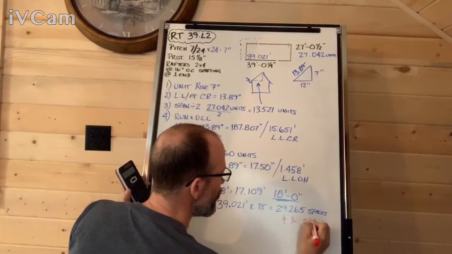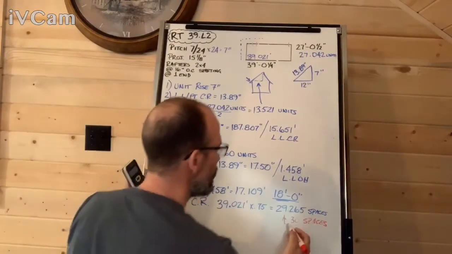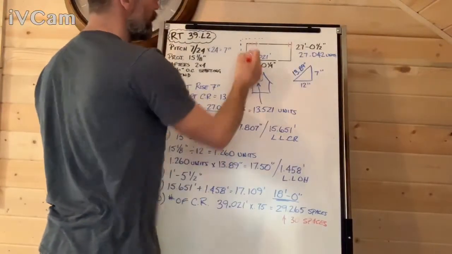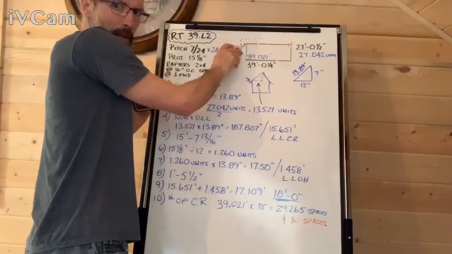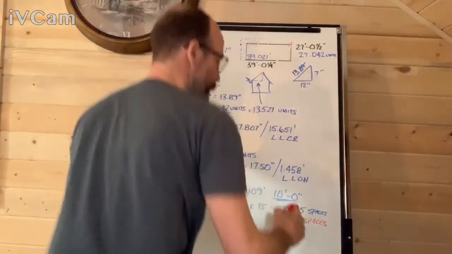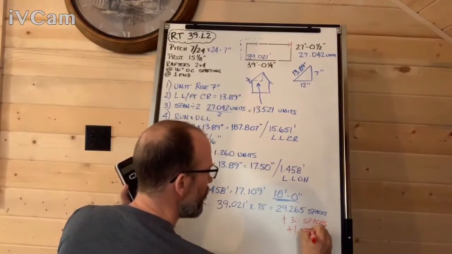It truly is 30 spaces, just the last space is only 0.265 of a space. So my last one here, 30 spaces, 30 rafters. I don't have one here to start because I did one space for my first rafter. So I then have plus 1 to start.